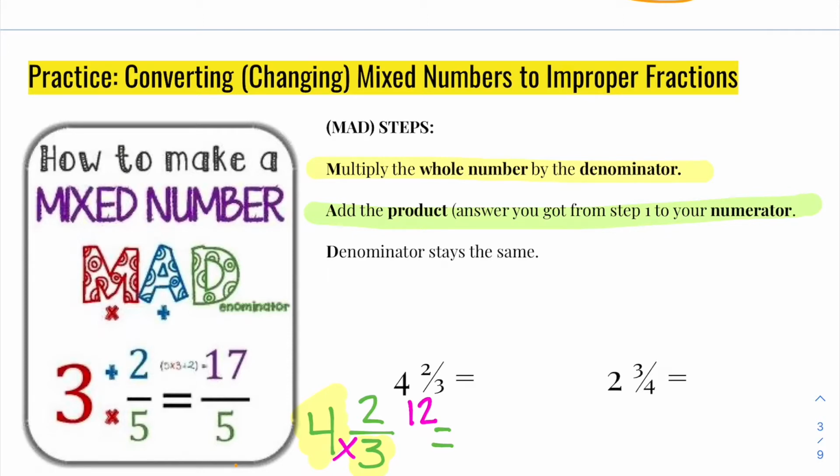And I know that the product I got from step 1 was 12, and I know my numerator is the 2. So I know I have to add the 2 plus the 12. And that will give me 14.